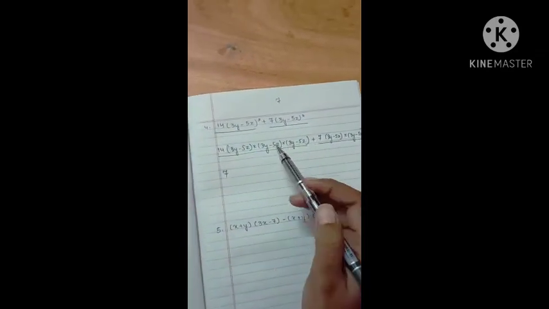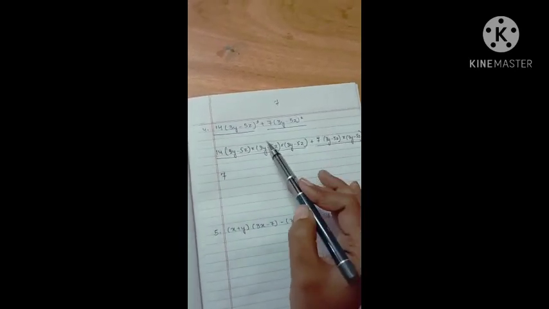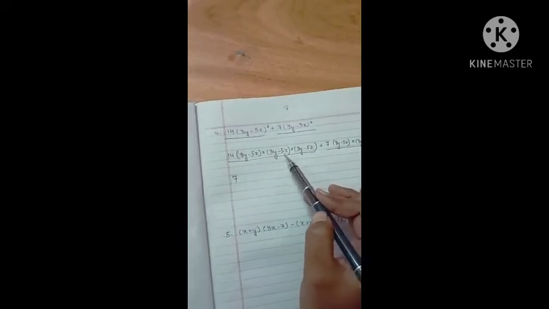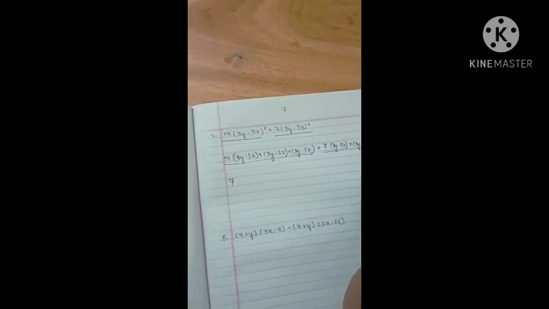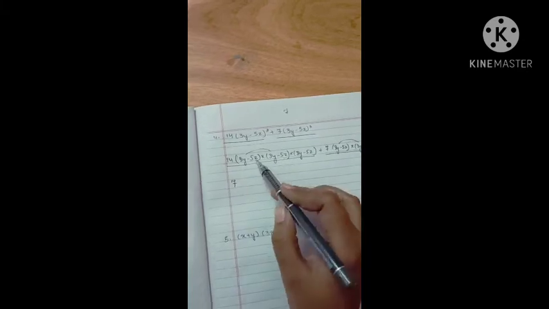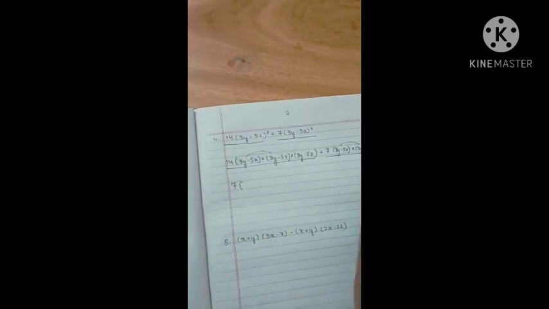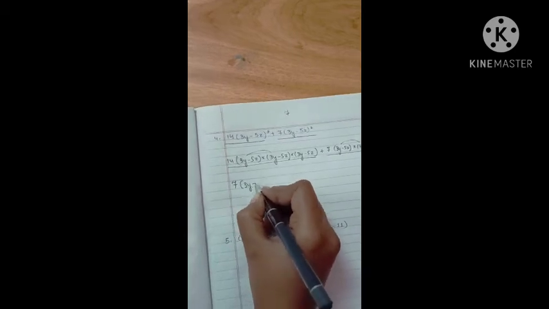But one more thing, here you can see, here is 3y minus z, here is 3y minus z. Here is 3y minus 5z, here is 3y minus 5z. So we can take these two as a common factor, because it is in this term also and in this term also. So we can write it like this.